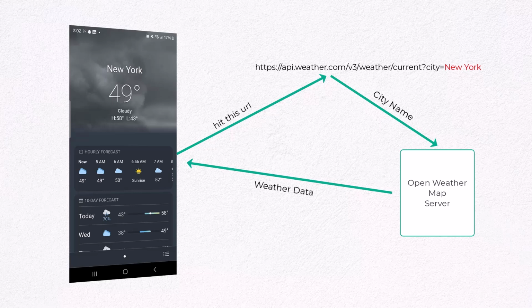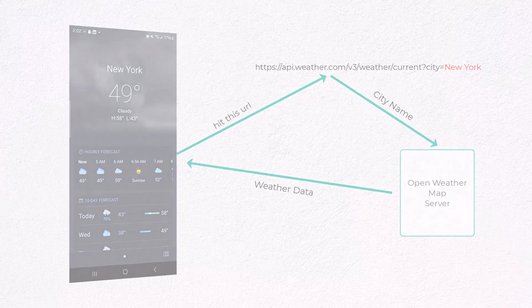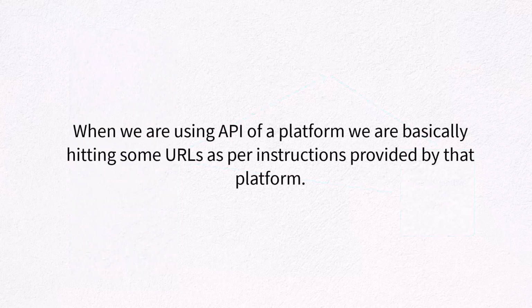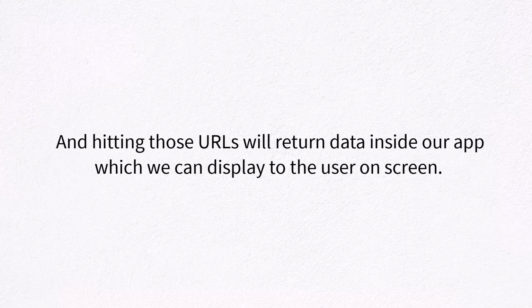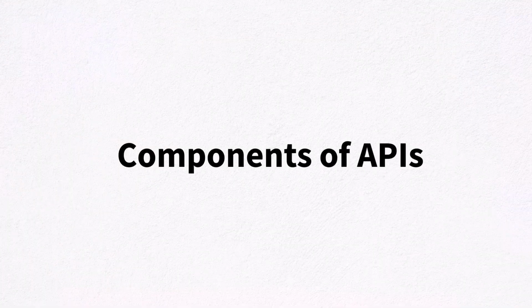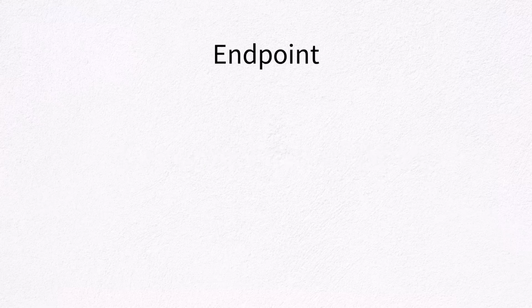This is the whole process of making an API call. When we are using an API of a platform, we are basically hitting some URLs with instructions provided by that platform, and hitting those URLs will provide the data inside our application which we can display to the user on screen. And now let's look at components of API calls.